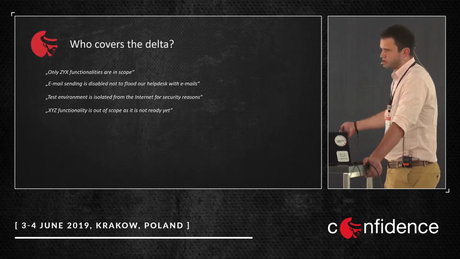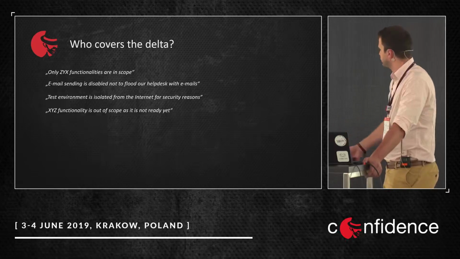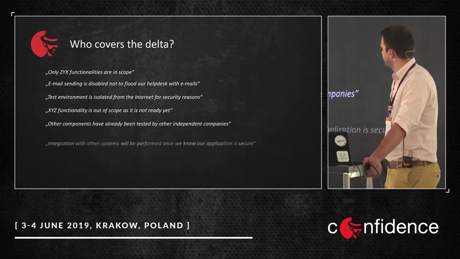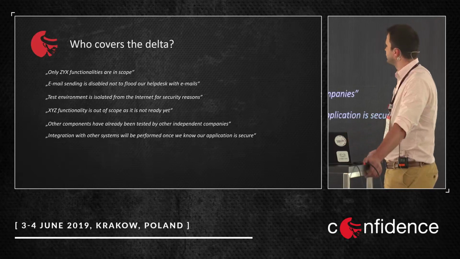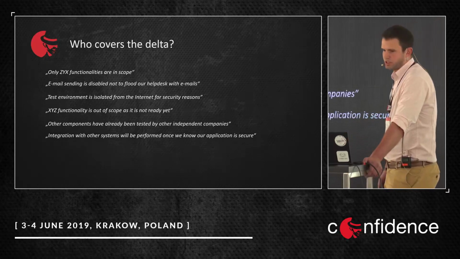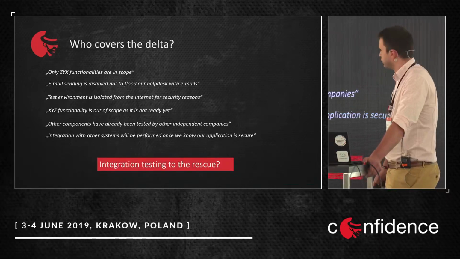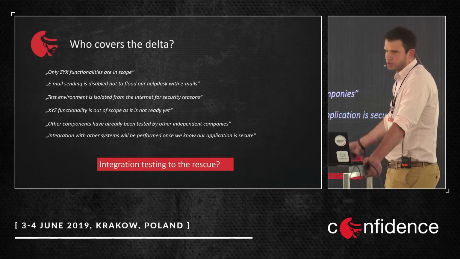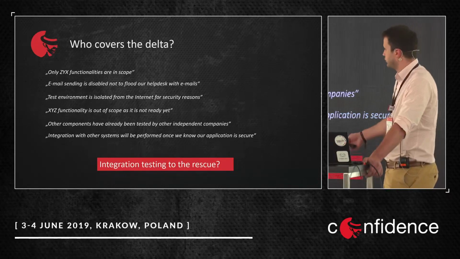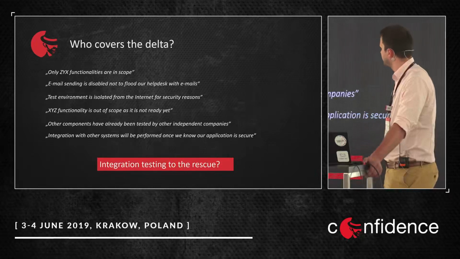Something is out of scope because it's not ready yet, and the go live is next week or something. So basically you have all these reasons why you cannot test the application from the very beginning to the very end. So maybe integration testing will cover all these components which are connected to or somehow dependent on our application.